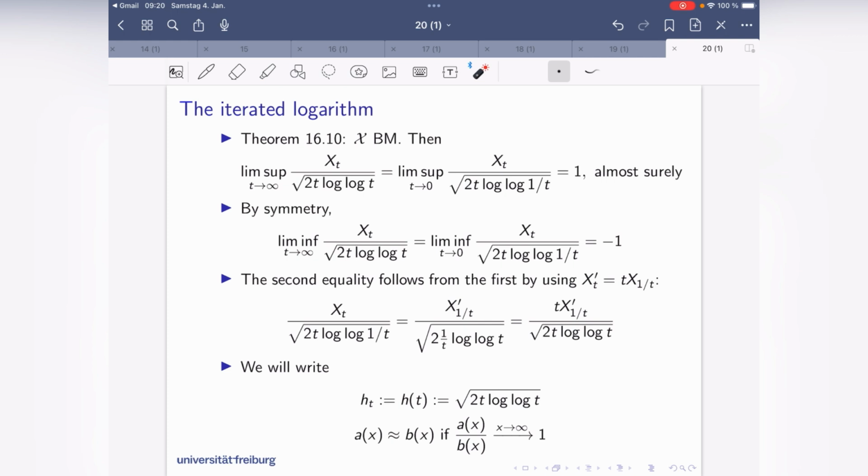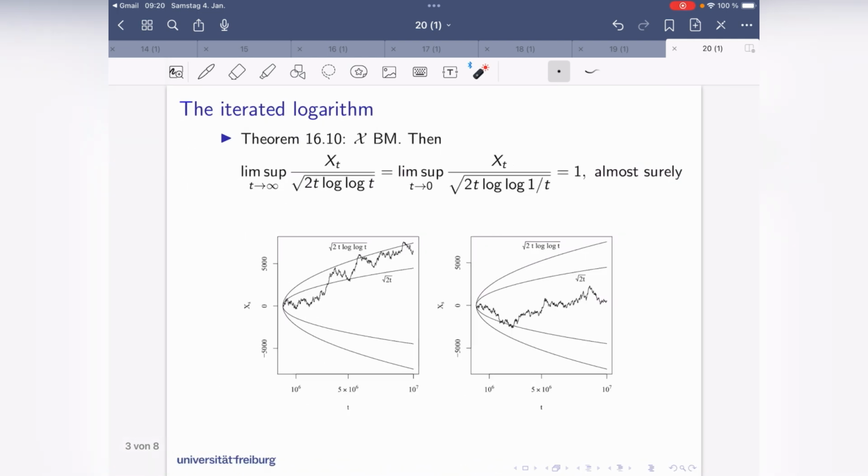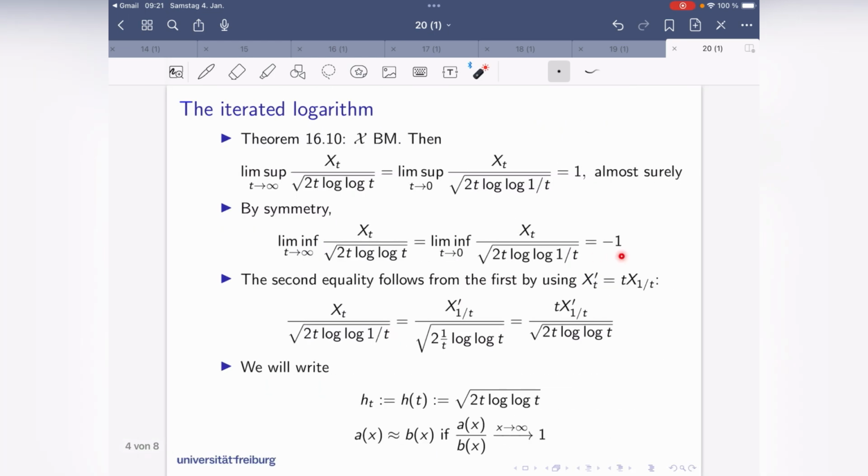First of all, some remarks. The lim sup is 1, but the lim inf is -1. That's clear because the lim sup is the upper curve here, and the lim inf is what the Brownian motion does here with its infimum. So the infimum must be -1 by symmetry.